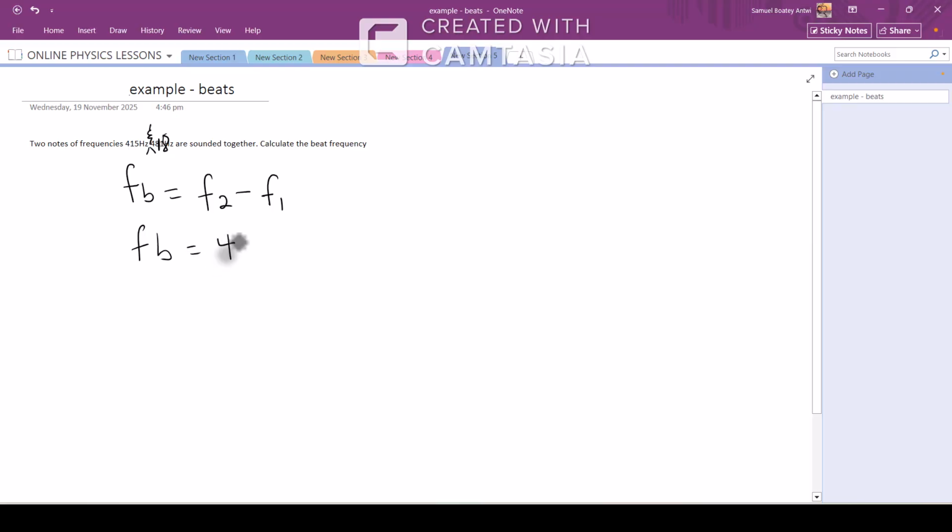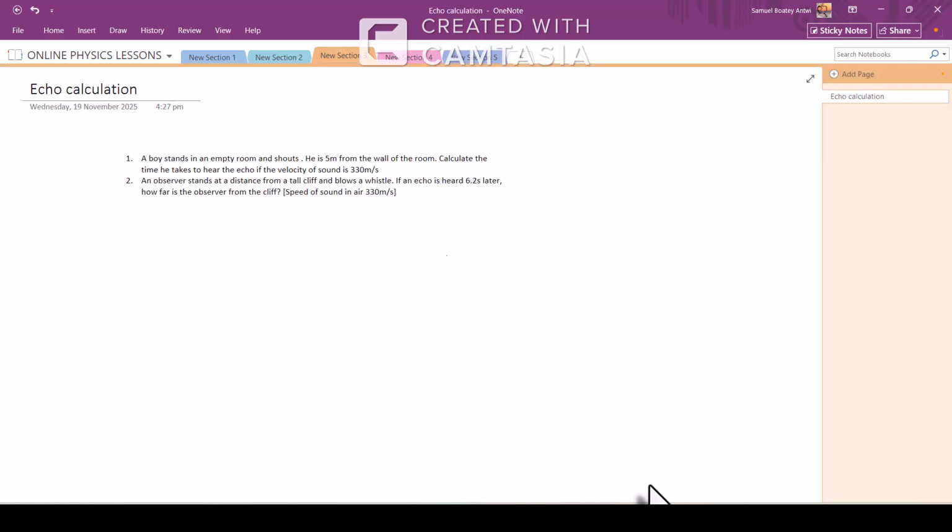So 418 minus 415, and our beat frequency, which is FB, is equal to 3 hertz. So this is quite straightforward and very simple.